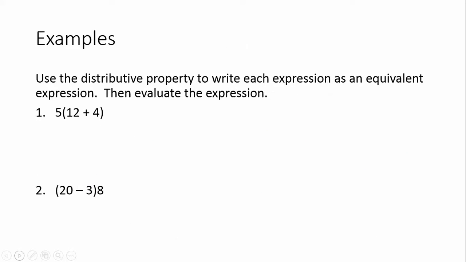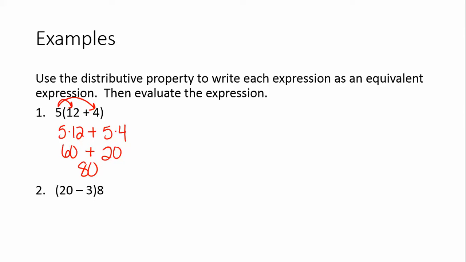So here are some examples. Again, it does say to use the distributive property. So you're doing 5 times 12 plus 5 times 4. 5 times 12 is 60. 5 times 4 is 20, and 60 plus 20 is 80.